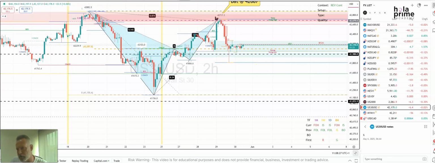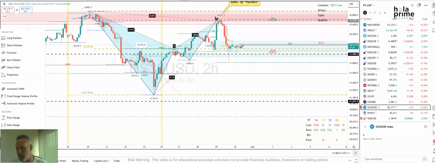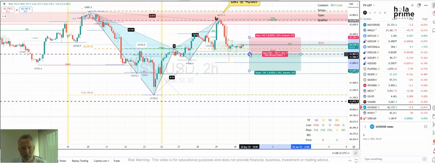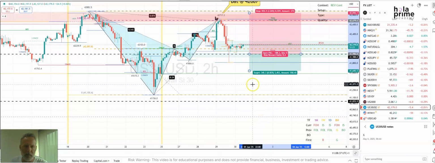So my stop loss is more likely to be between here and here, and then I pick my target level. So breaking lower, retesting, and then pushing lower again. Unless I can see a relevant chart formation to get me into that trade, I'm going to pass.